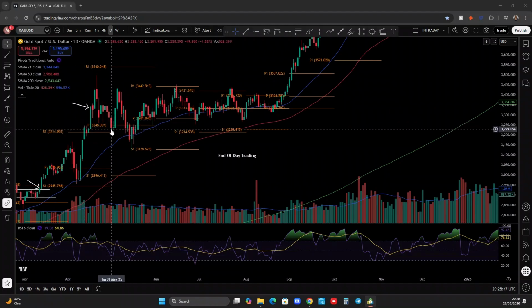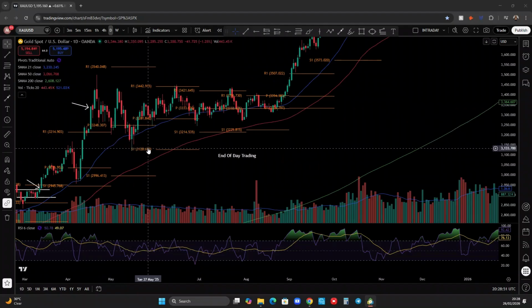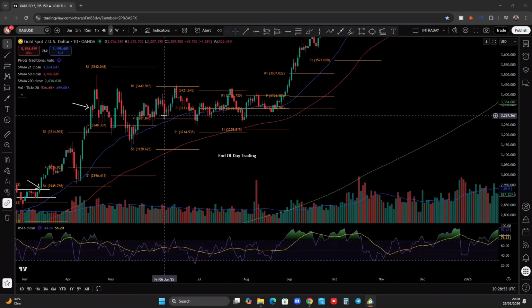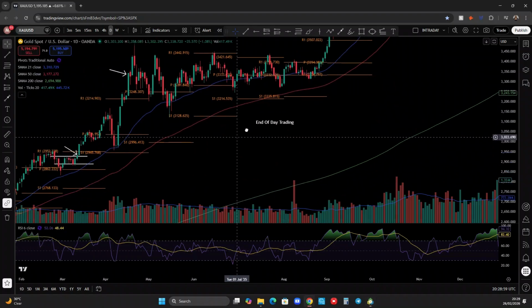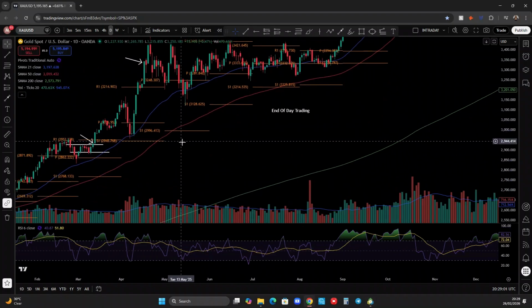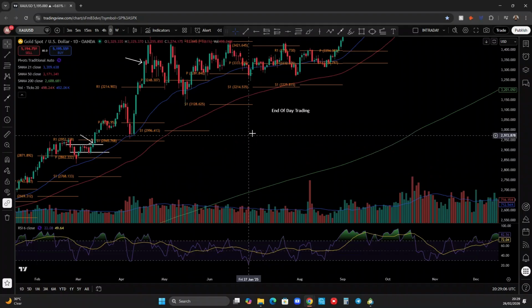It came back down and bounced, came down to this level here and bounced, came to this level, this level in here, nothing here, but this is more around the 50, this level. So you know that the support and resistance levels are stronger.